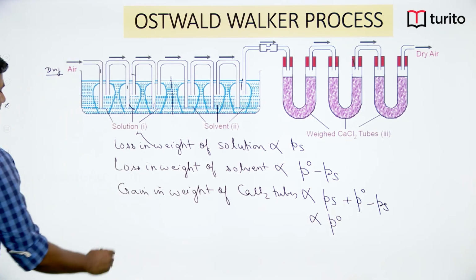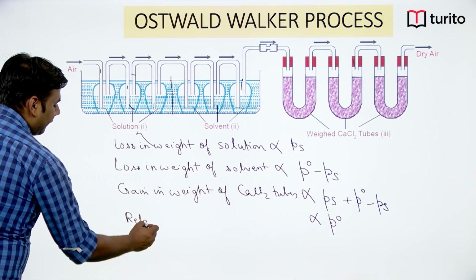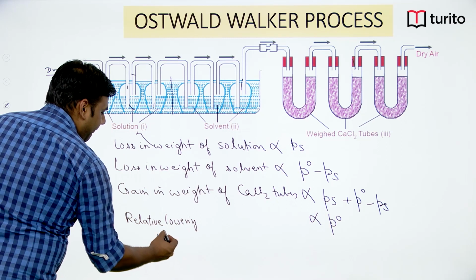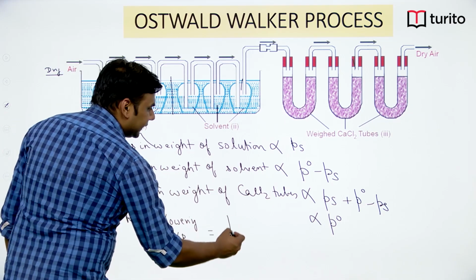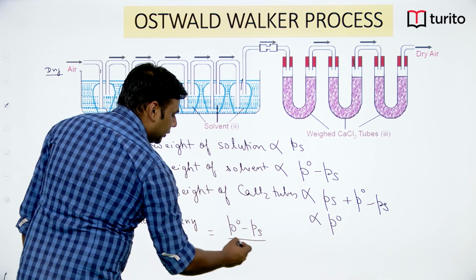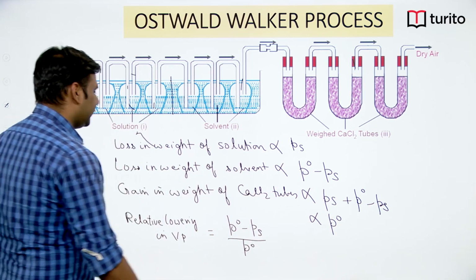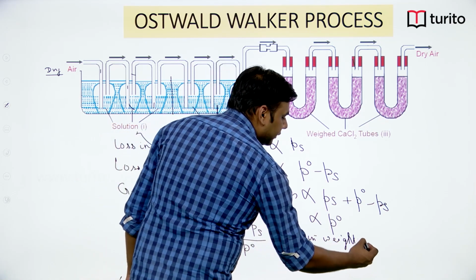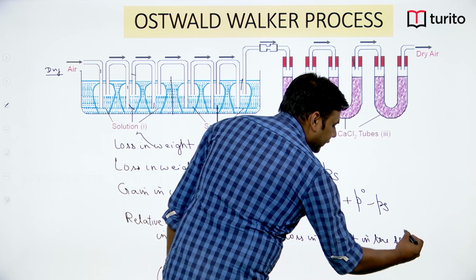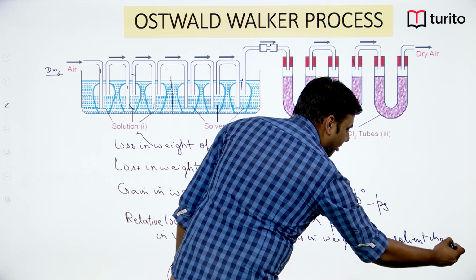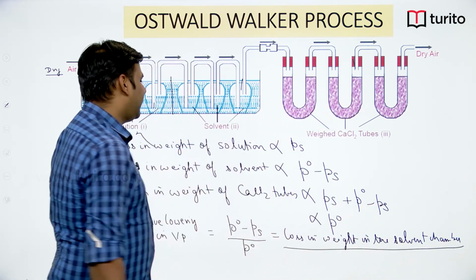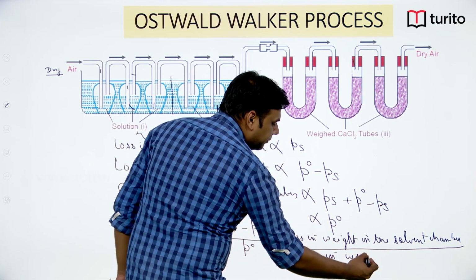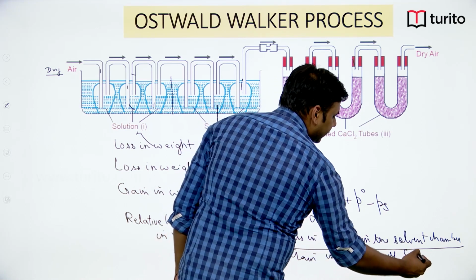Okay, so we'll say that the relative lowering in vapor pressure, which we know is (P naught minus PS) upon P naught, is equal to the loss in weight in the solvent chamber divided by the gain in weight of calcium chloride chambers.